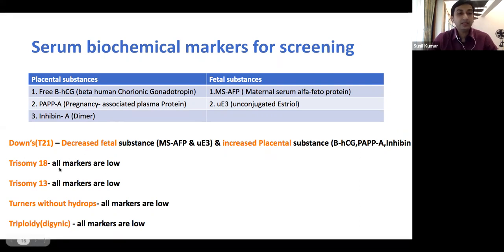In trisomy 18, all markers are low. In trisomy 13, all markers are low. That is how we are able to distinguish which risk is high when we do a blood test, that is biochemical markers. In Turner's, all markers are low. In triploidy, that is digenic triploid, all markers are low.